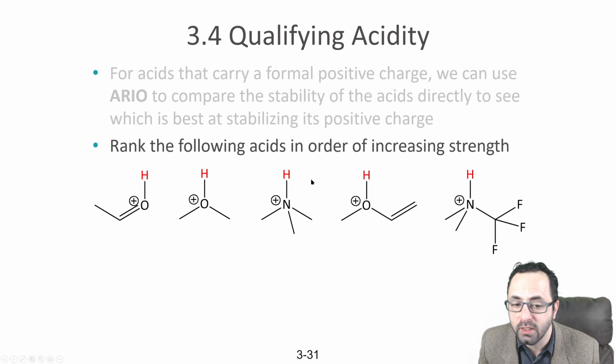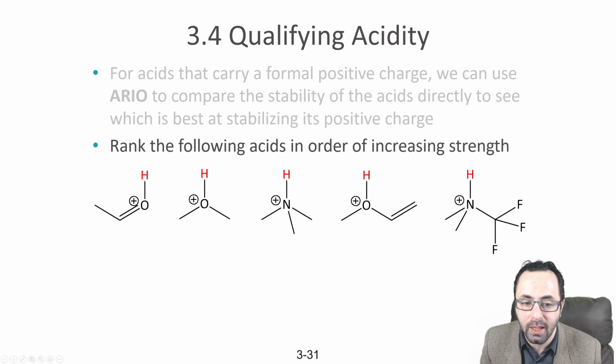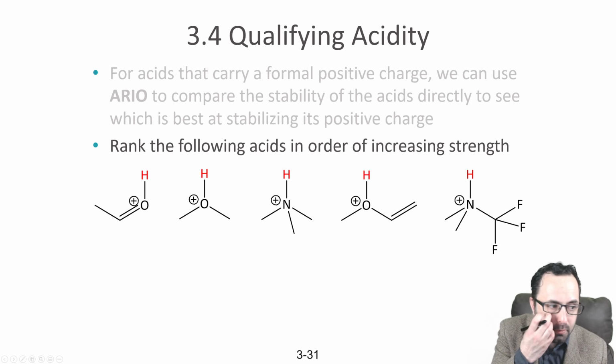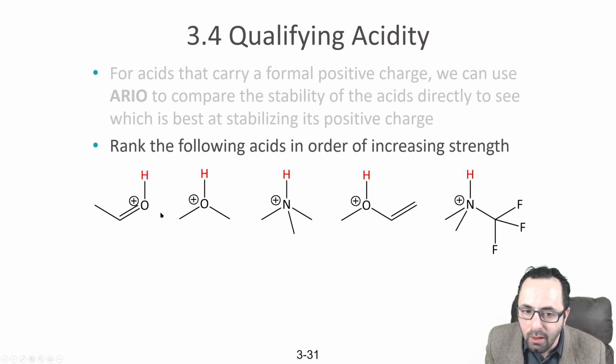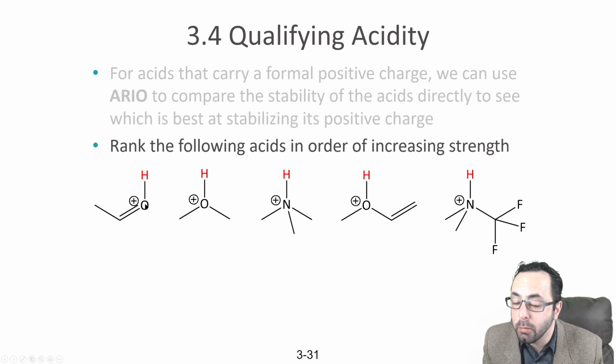So, for example, here, ranking these acids in terms of strength, which would be able to stabilize the positive charge the best? Okay. So here, if we look, generally, oxygen is pretty bad at stabilizing a positive formal charge.